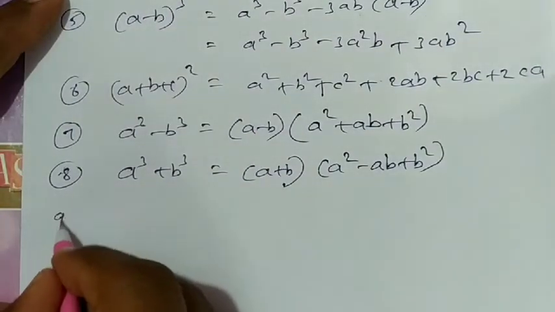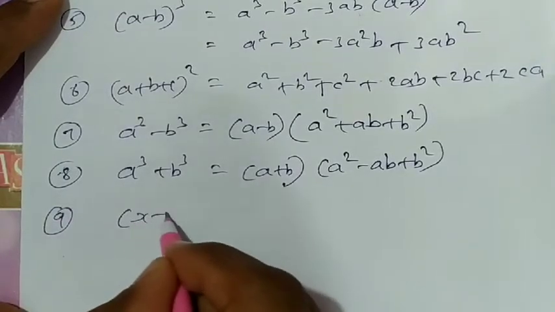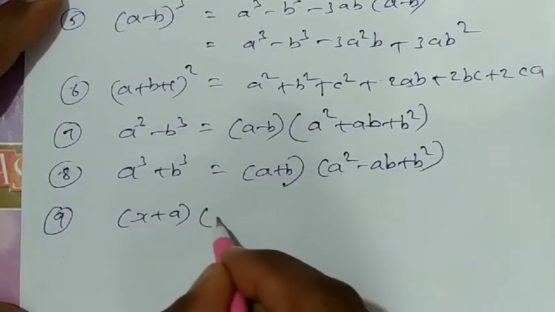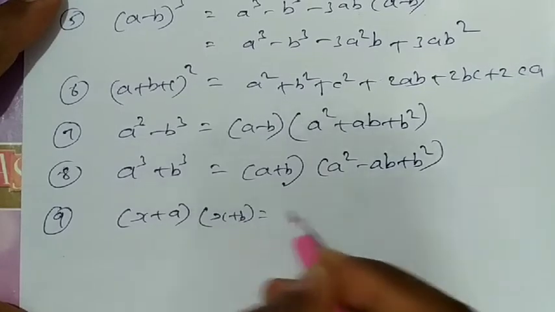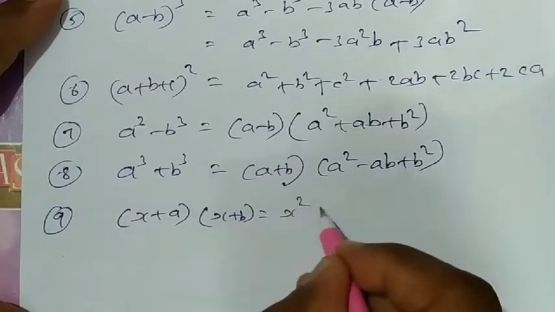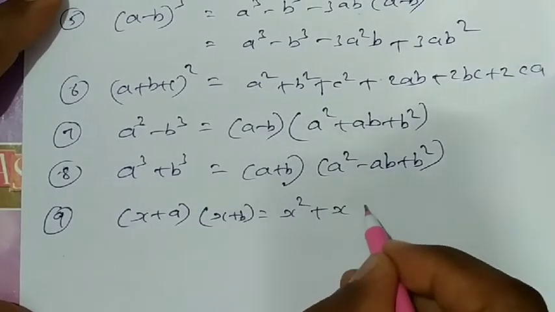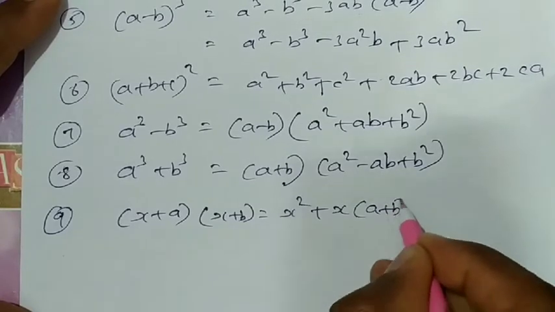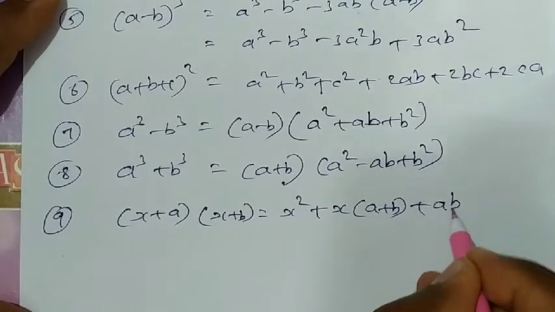And next, the ninth one, (x plus a) into (x plus b) is equal to x square plus x into (a plus b) plus ab.